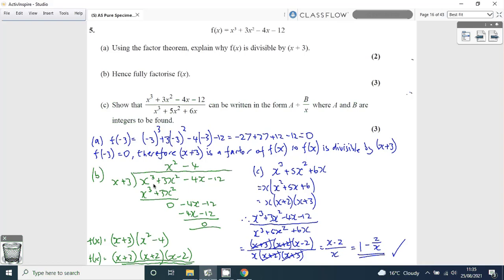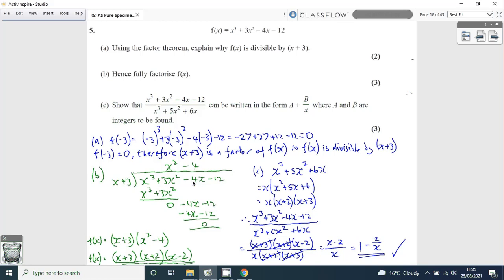Okay, so you're starting off by saying x times what gives you x cubed, and that's x squared. So that was the first thing I did. I've then said x squared times x is x cubed, and x squared times 3 is 3x squared. Now taking that away, I get 0, so I can bring down fully my minus 4x minus 12.